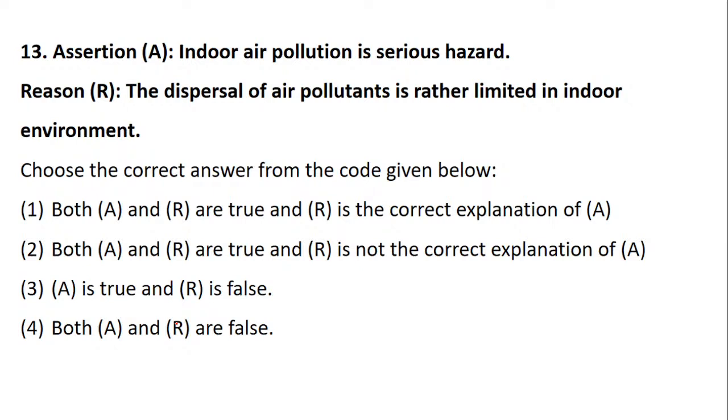So how can you come to the right answer? Check whether the assertion is correct, whether the reason is correct, or whether both are right, and whether the reason is the explanation. So be careful when you are answering this question. The question is very easy. You have to just be careful in answering.